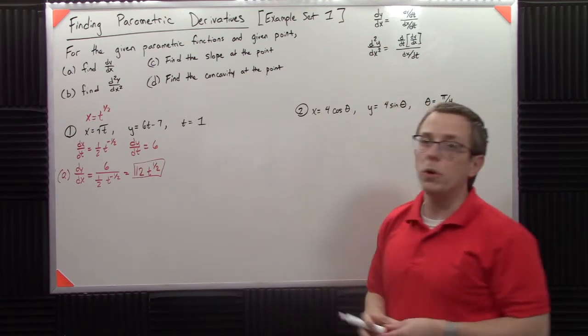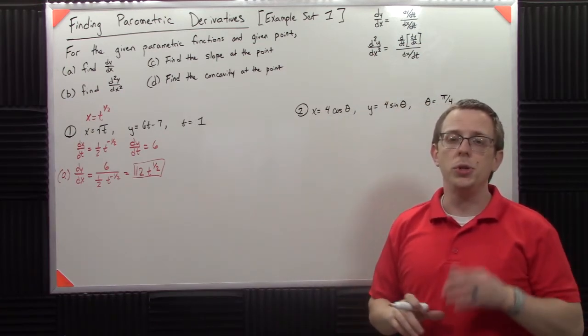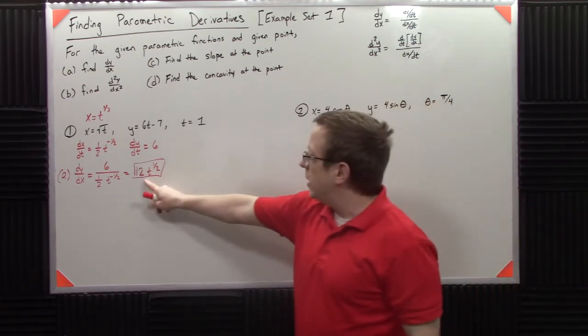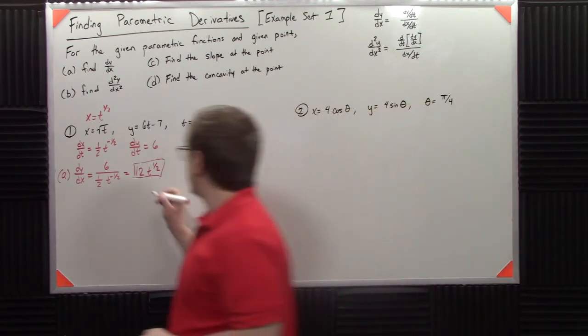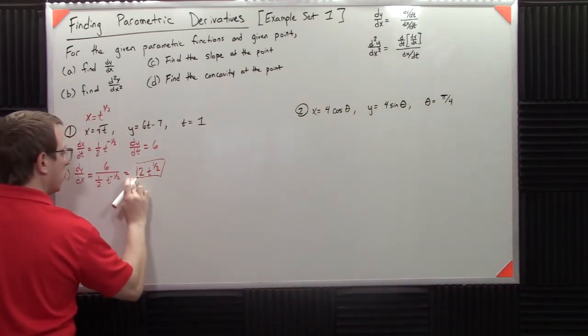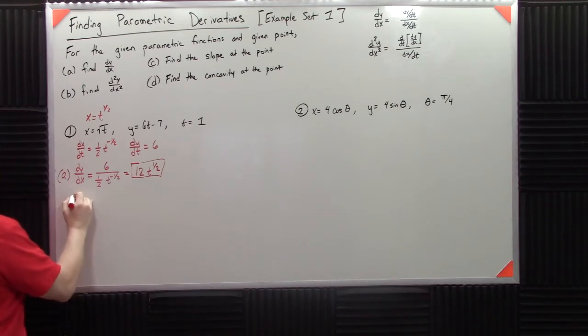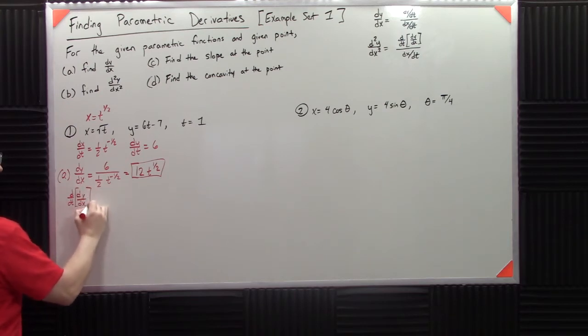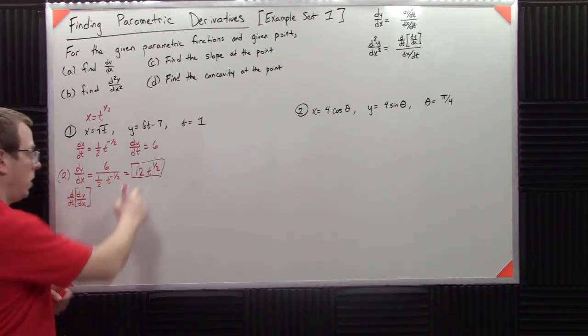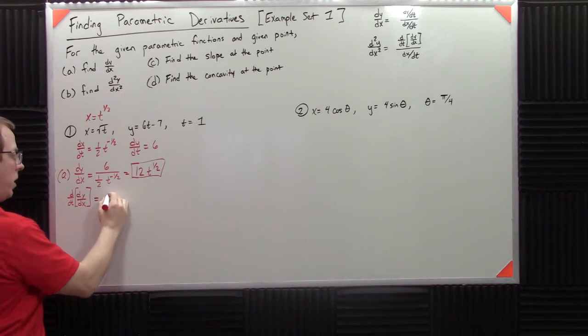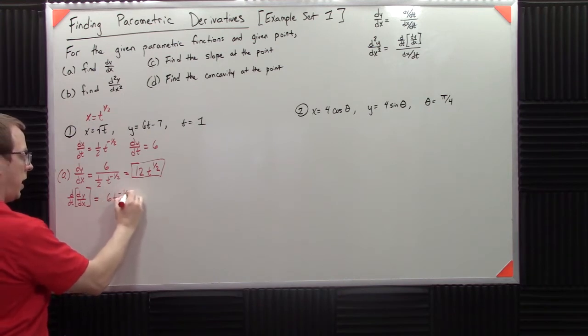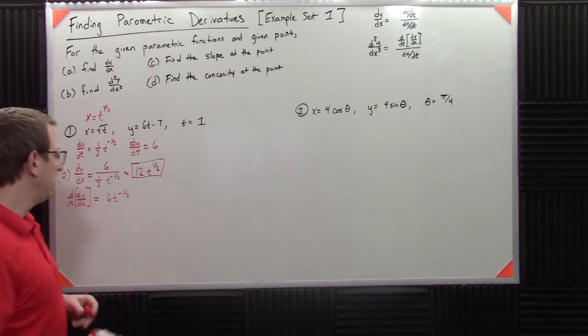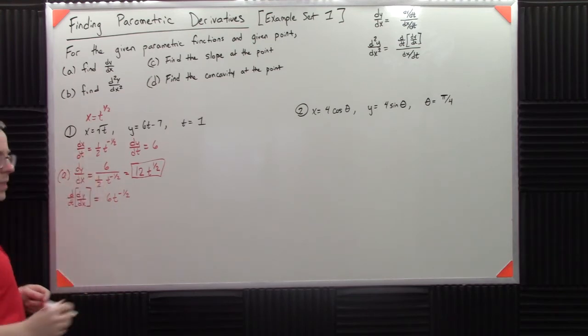Now, what we want to do for B is we need to take this thing's time derivative as well. So we need to take the time derivative of dy dx. So when we take this thing's derivative, we get 6t to the negative 1/2. And then we have dx dt already.